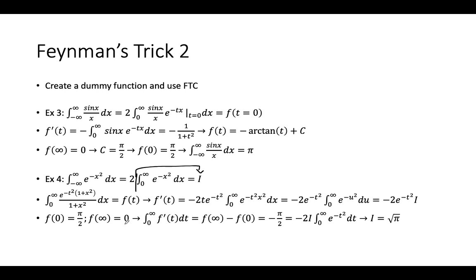F of infinity is 0 because, let's see, this is f of t as t goes to infinity. So as t goes to infinity, this is just going to die off completely, right? So this integral will be 0. F of 0 is pi over 2 because f of 0 is just the integral of 1 over 1 plus x squared. So that's arctan of x, so that's pi over 2. And the same arctan argument as before.